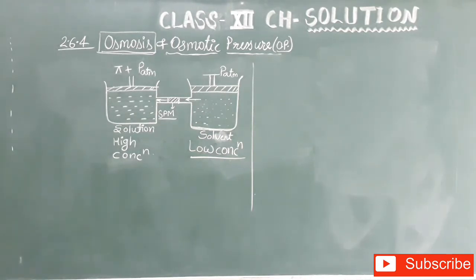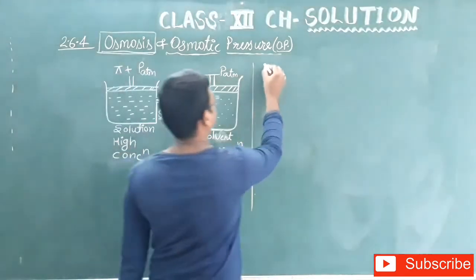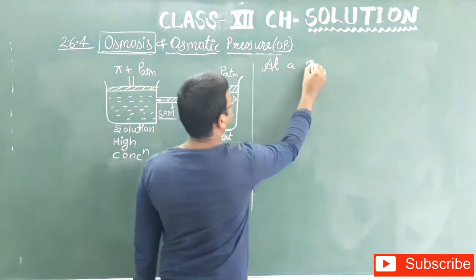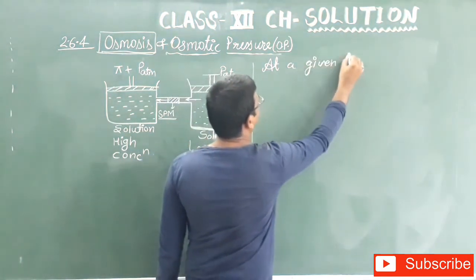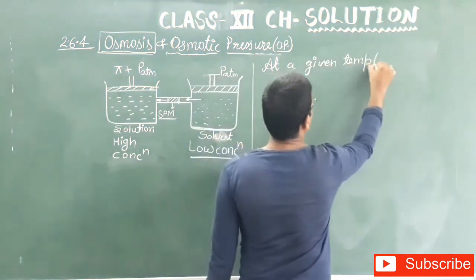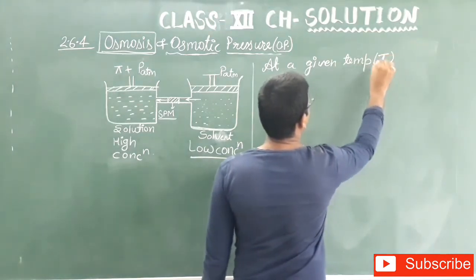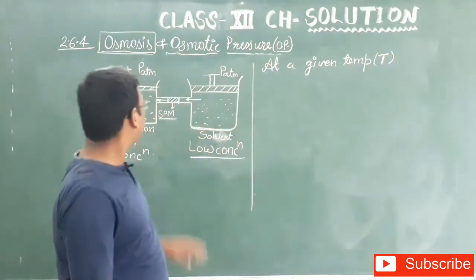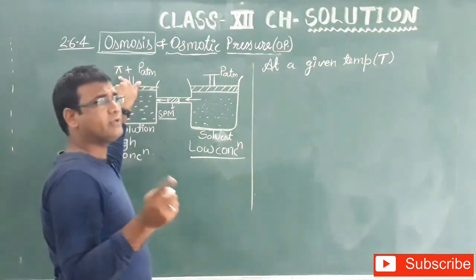Osmotic pressure is a colligative property because it depends upon the number of solute molecules, at a given temperature T. We are denoting that osmotic pressure with the symbol pi.